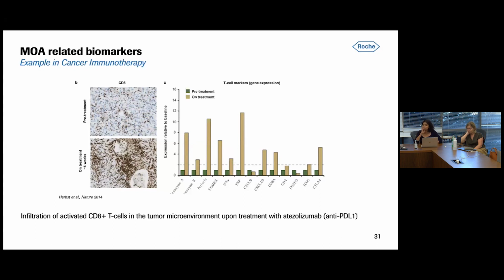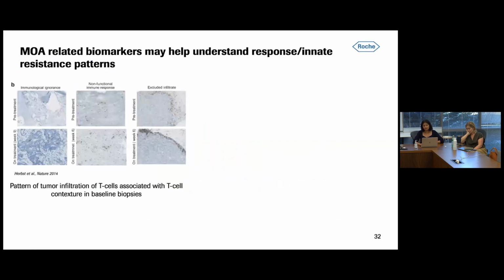And lo and behold, this patient at 3 months started to show a response to the drug and survived progression-free for 3 years after the initial dose of the drug. So this is an example of an MOA-related drug.